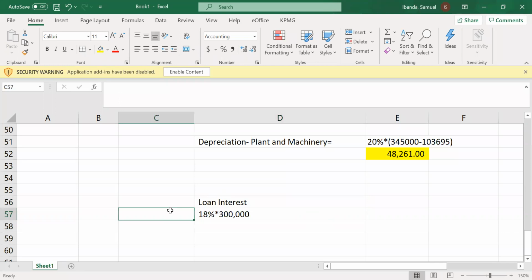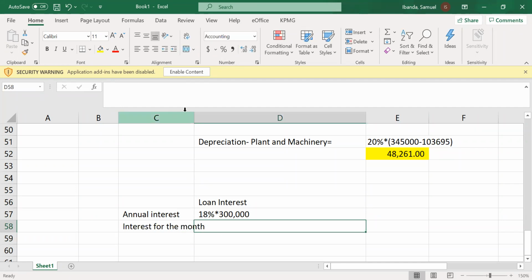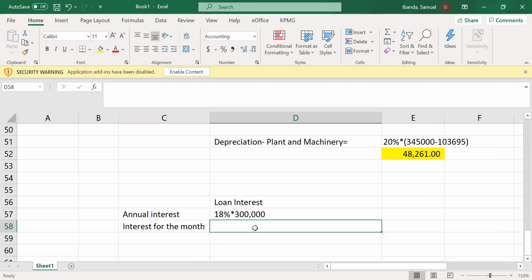So this is the annual interest. Then if I want interest for the month, I'll get this because this is the full interest.